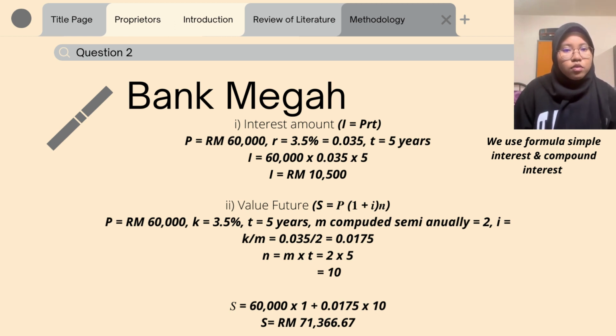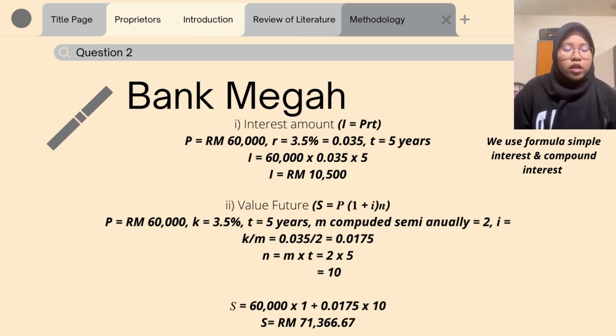So the principal we have is RM 16,000, K is 3.5%, T is 5 years, M equals 2. How do we get M equal to 2? Because it is compounded semi-annually.